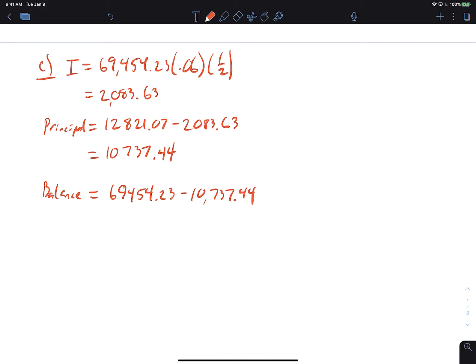Type it in, which leaves us with, not that number. Helps if you type it in correctly. There we go. $58,716.79.